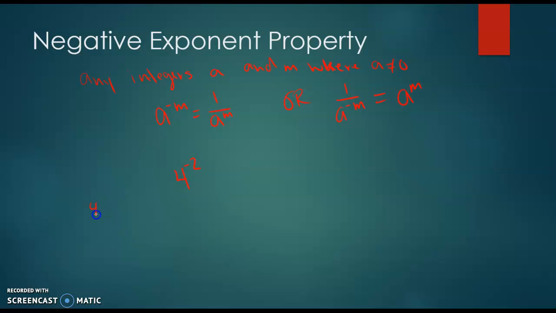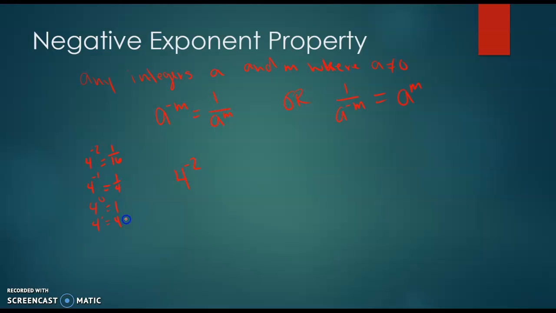Because 4 to the 0 is 1, and then 4 to the 1 is 4. But if I go this direction, 4 to the negative 1, right, would be 1/4. So we're going back. 4 to the negative 2 would be 1/16.